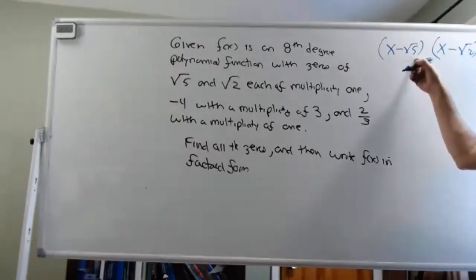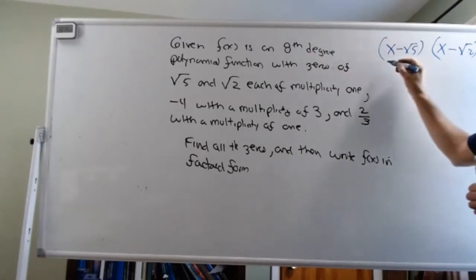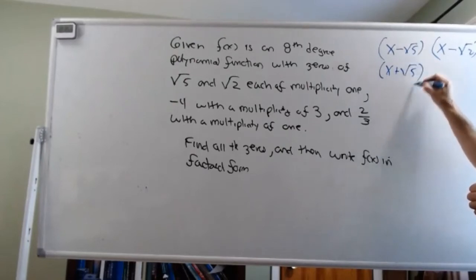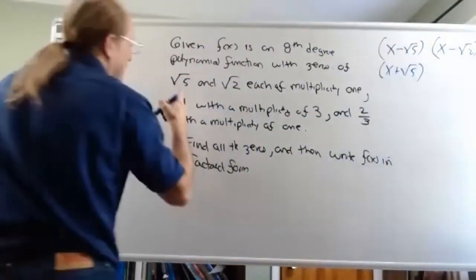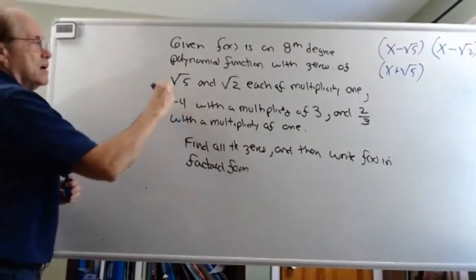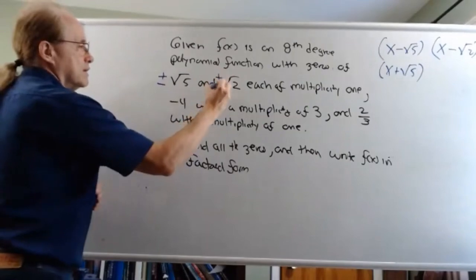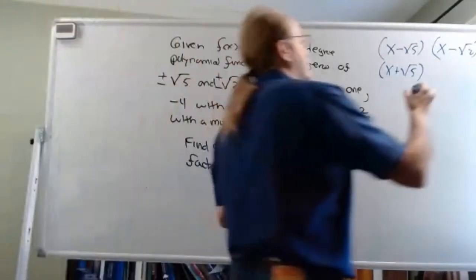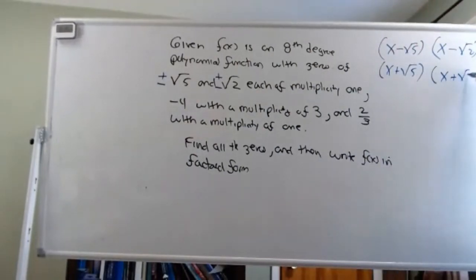Well, since x minus the square root of 5 is a factor, according to the corollary, x plus the square root of 5 is also a factor. My corollary tells me that radicals always come in conjugate pairs, plus and minus. So this over here gives me x plus the square root of 2.